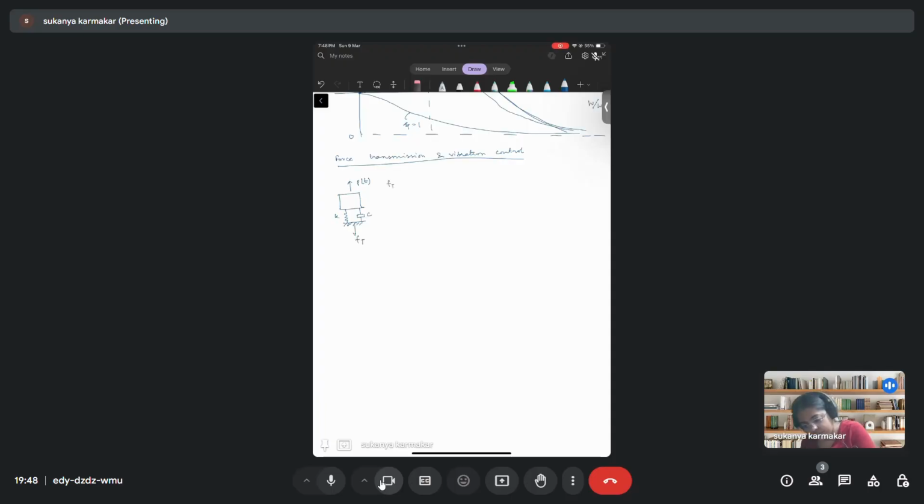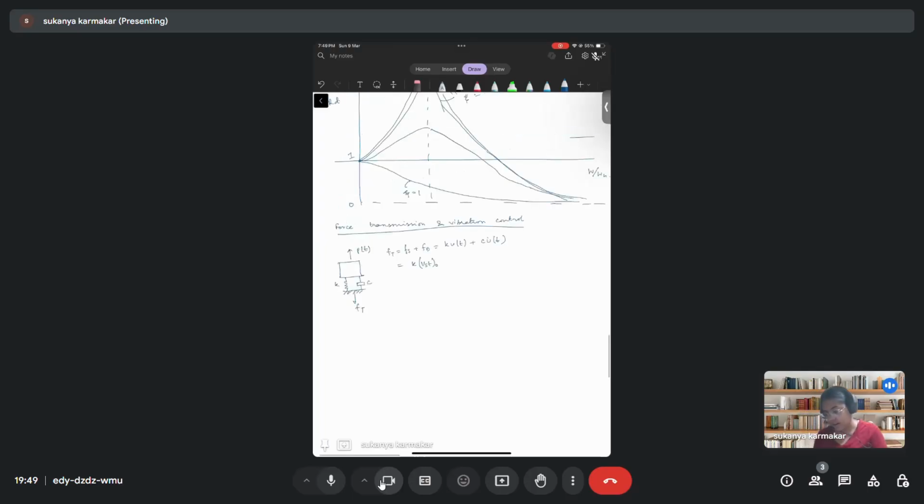Now this force F of t will be the spring force plus damping force. Now spring force is k u as a function of time plus c u dot, and we had done the entire math and we had found out that this F of t is nothing but, suppose k u of t can be written as ust naught, what we were just writing here.